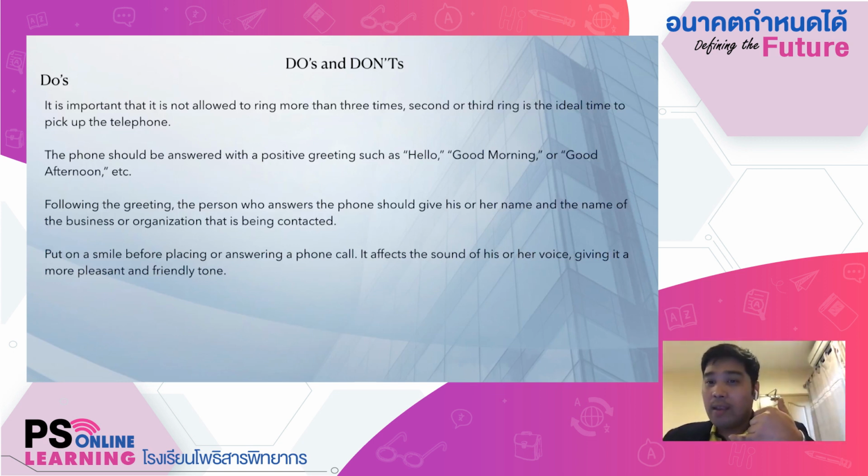Hello, this is Charlie from ABC company. This is for example. Another example. Good evening. Good morning. ABC company. This is Charlie speaking. This is the ideal example.